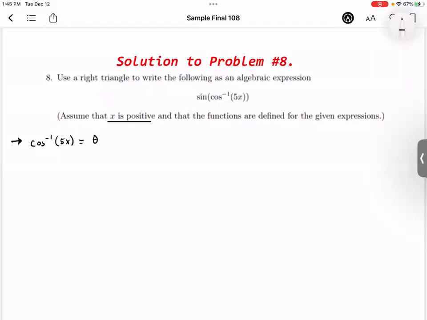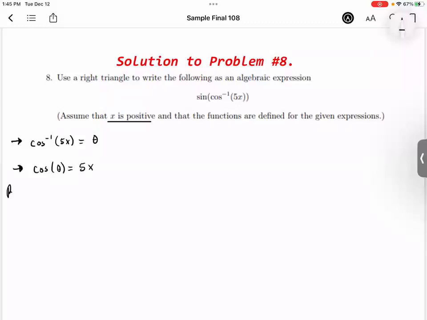Remember, if you have cos inverse of 5x equals theta, then when I swap theta and the 5x, we'll have cosine of theta equals 5x.